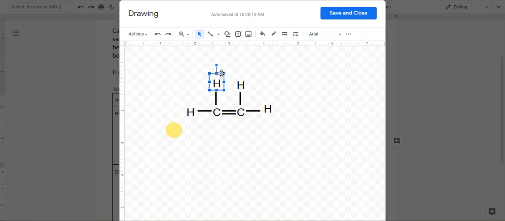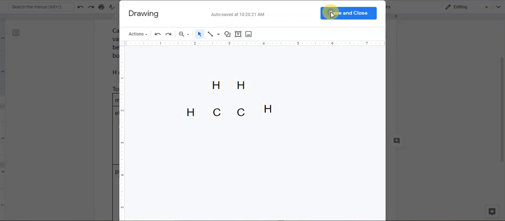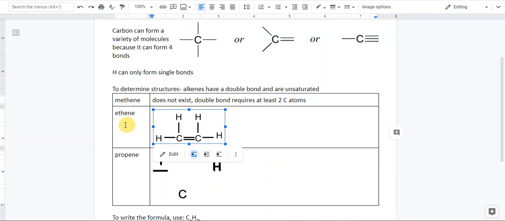Now, notice that this is not as many hydrogens as it was when it was ethane, but that's okay, right? This is a different chemical. So this is ethene. Eth tells me that it has 2 carbons, and the ene part tells me that I should see a double bond in it.